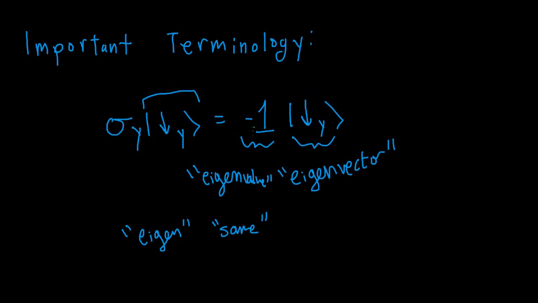It's just multiplied by a value. And I guess that would be the same value, like the value with which it's the same. Yeah. That's extremely important terminology if you didn't know that.